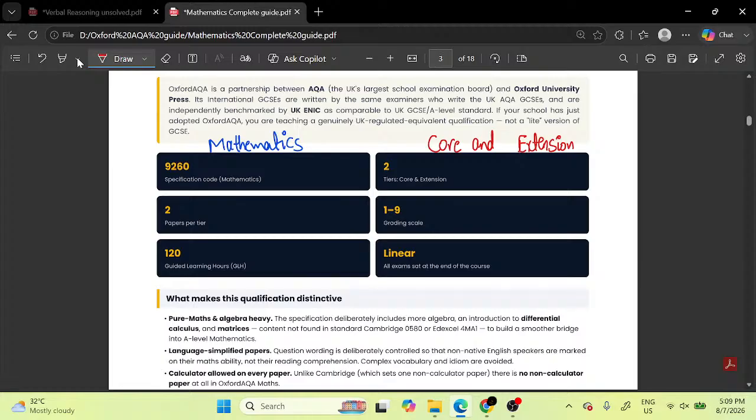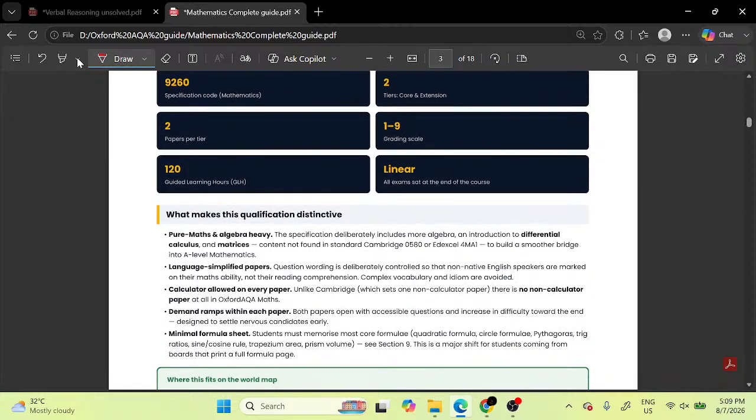What does linear mean? It means, let's say you got ungraded in any of the papers, you cannot resit the exam in any individual component. You have to give the whole qualification. If you are ungraded in maths, you have to give both of the components in the same year, same session.